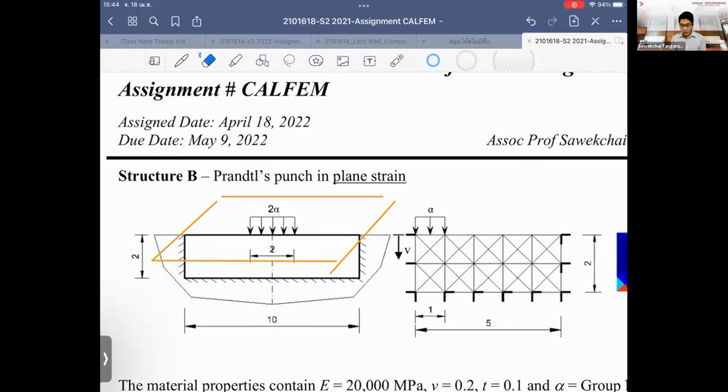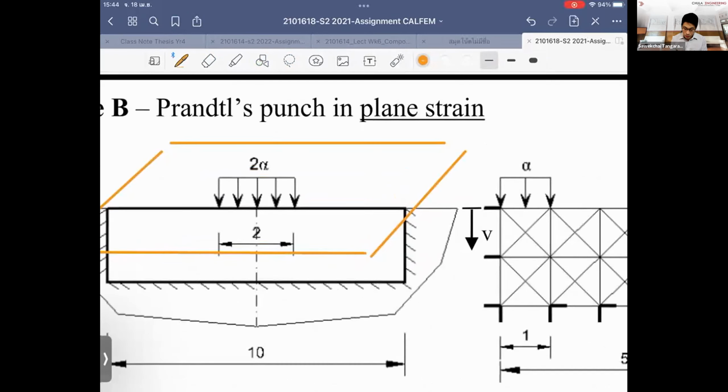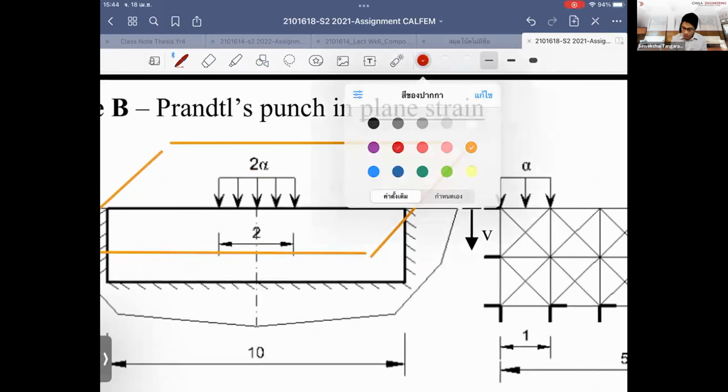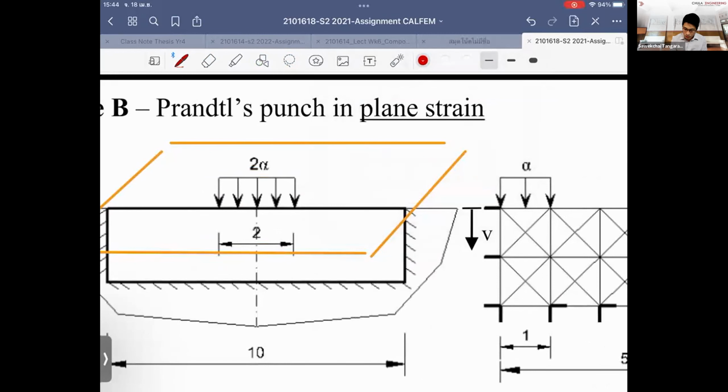When we have the depth of this problem to be infinite, what happens? We can assume, once again, this is in the x and y coordinates. You can give the coordinate somewhere here. And you have the z direction as well, which is perpendicular to the plane.